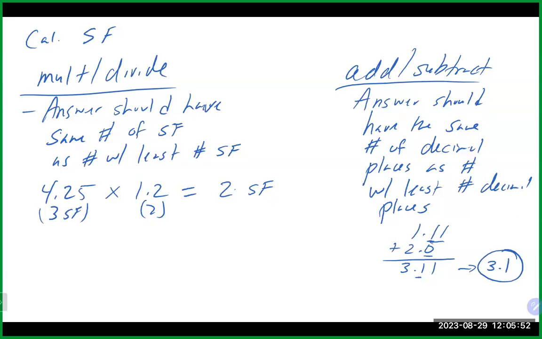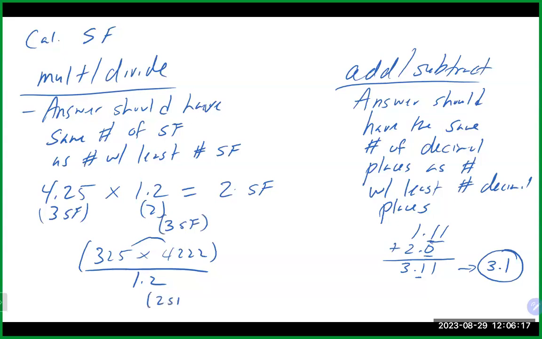Yes. If you're doing a bunch of calculations in a row, like maybe you are multiplying first, and then you are dividing. You typically do the part in the parentheses first, which means that is 3 significant figures and 4 significant figures, which means my answer up on top technically should be 3 significant figures, which I'm then going to divide by 2 significant figures on the bottom, which means my answer should end up at 2 significant figures when it's all said and done.